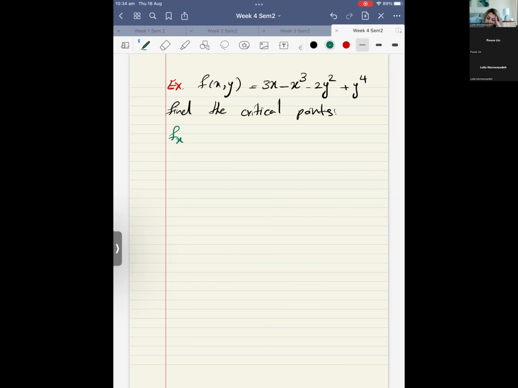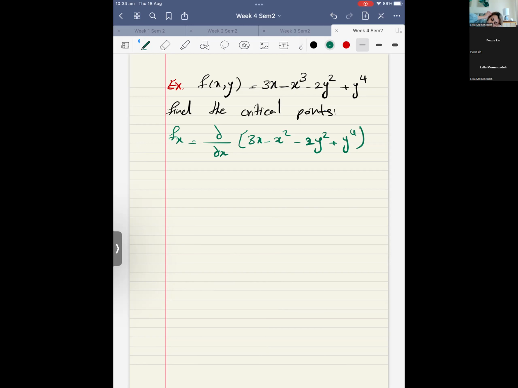Then the derivative of x means that you think the y is a constant number and you use the derivative of x.